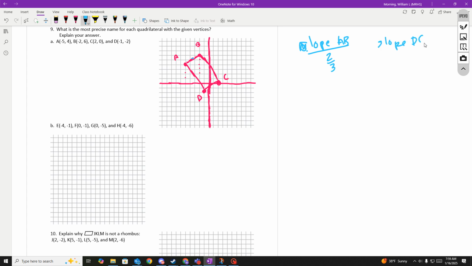Slope of DC, 2/3. So those are parallel. If we also show that they're congruent, then that's also enough to show this is a parallelogram.